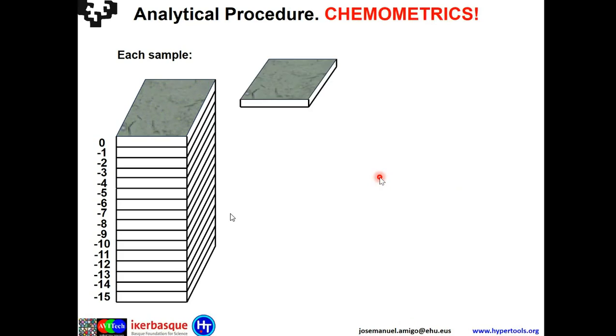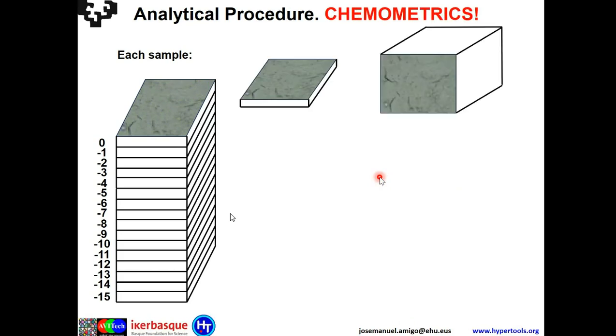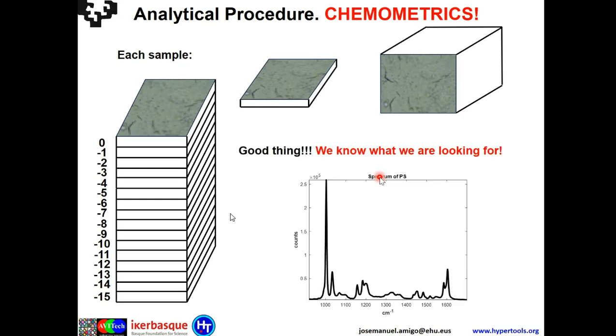So here it comes a playground for a chemometrician that is really nice, and we could think about complicated stuff because we have something that is really good. We know what we are looking for. This is the pure spectrum of polystyrene, and it's fantastic. But this is the pure spectrum of a pellet of polystyrene.